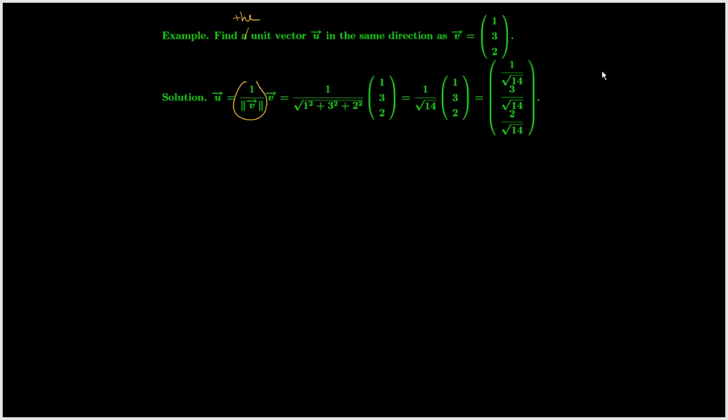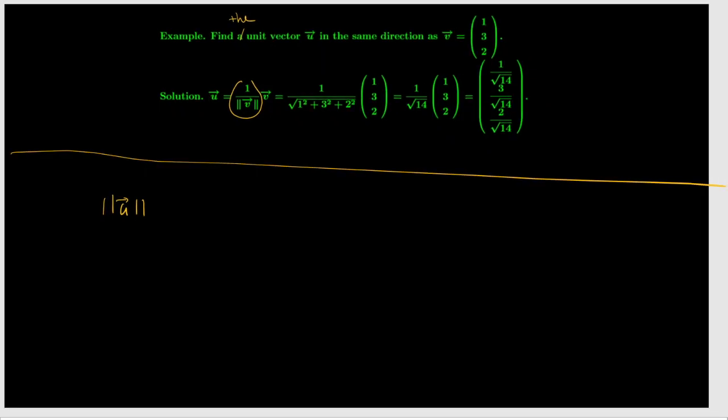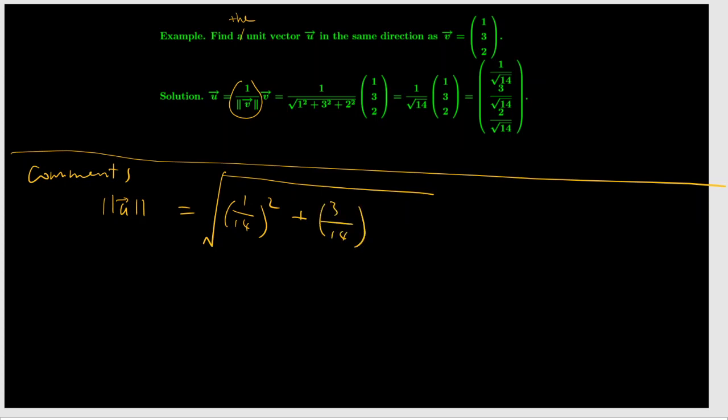I'm now making some comments, convincing you of the length of u. So this part is only comments. It's not part of the solution. The length of u is computed using the sum of the squares of the 3 components, and then you take the square root, right? Square root of (1 over square root of 14) squared, plus (3 over square root of 14) squared, plus (2 over square root of 14) squared.